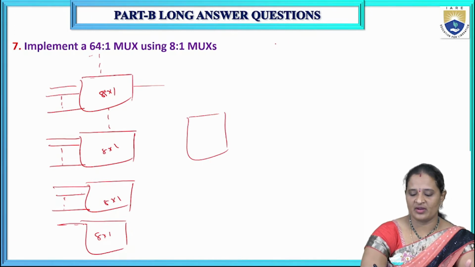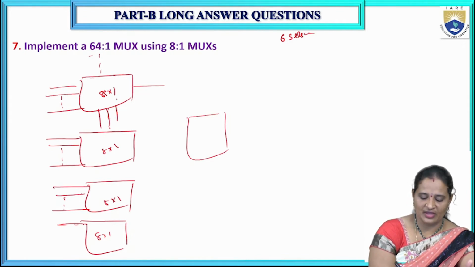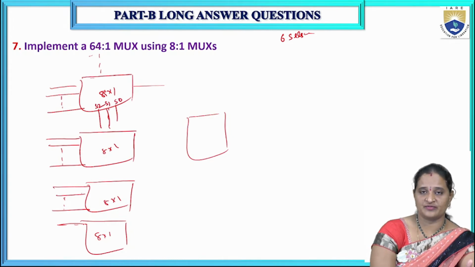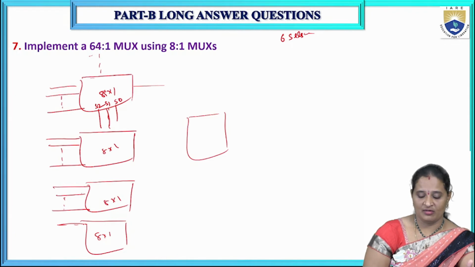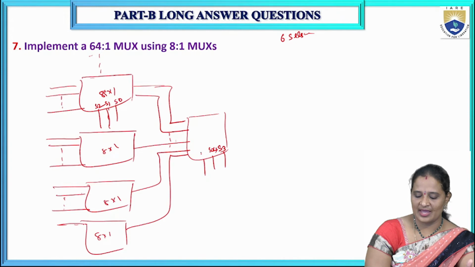64 by 1 mux means 6 selection inputs we have. We have to give S0, S1, S2 as the selection inputs for the first section, whereas the final mux also has 8 inputs, and again this requires 3 more selection lines, that is S3, S4, S5.